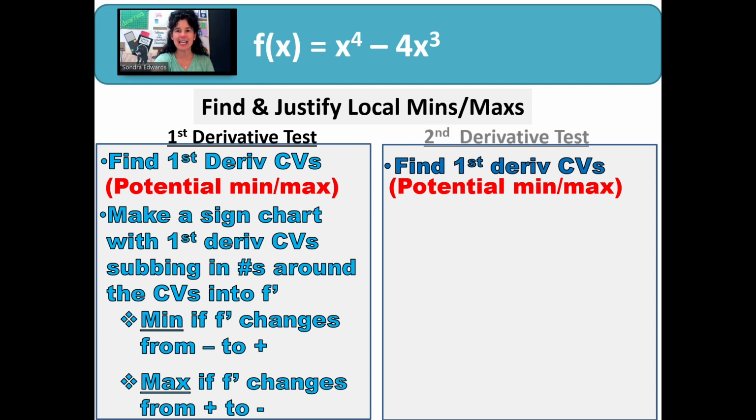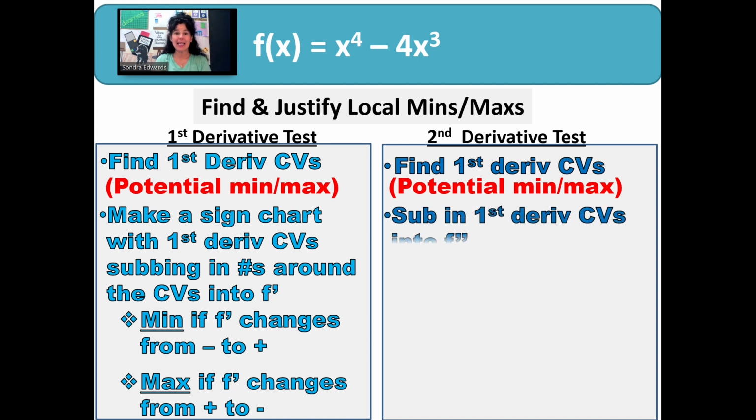All right, now the second derivative test. Again, we start off the exact same way, finding those first derivative critical values, those x values that make the first derivative equal 0 or undefined. And then instead of making a sign chart out of those first derivative critical values, we simply substitute them into the second derivative equation.